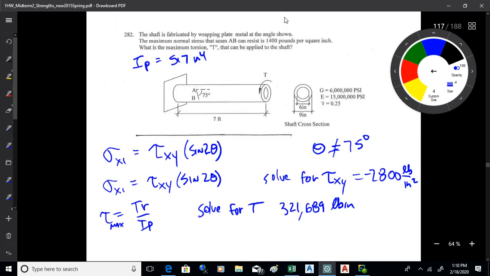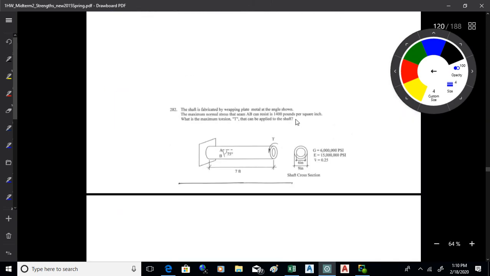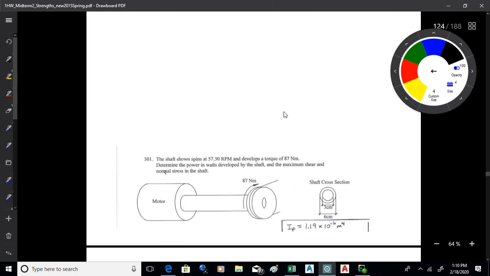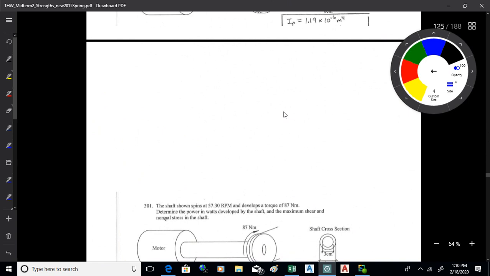So that's that one. Okay, from there we get into these power type problems. Now power just fits right into torsion on these next ones. The way you get from one to the other is you just use the fact that power is torsion times omega, okay?